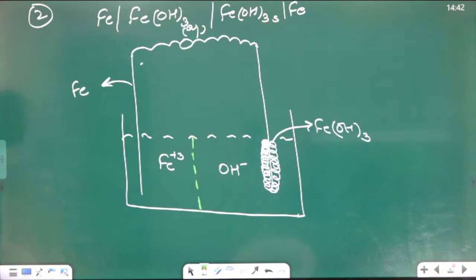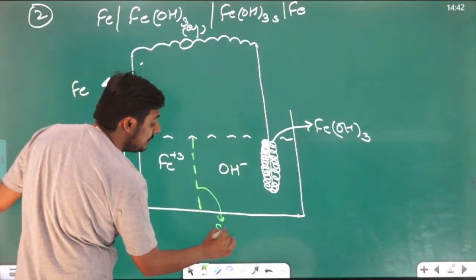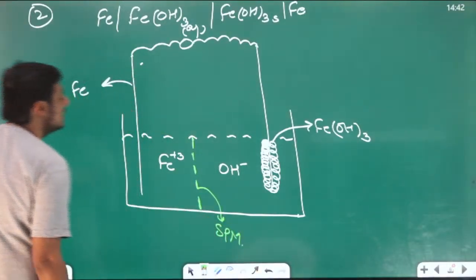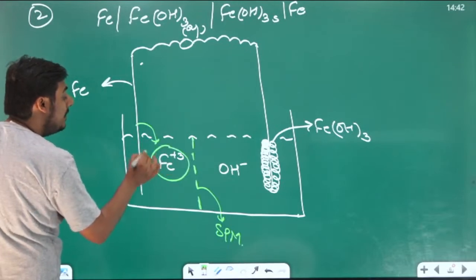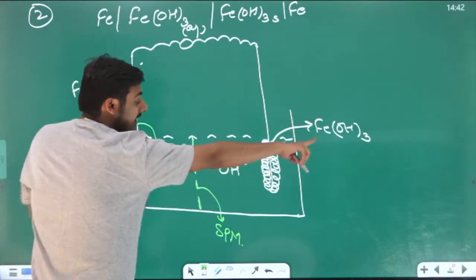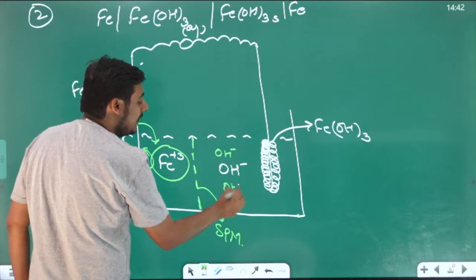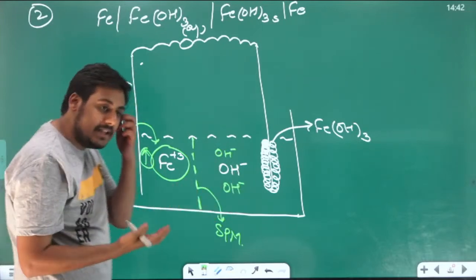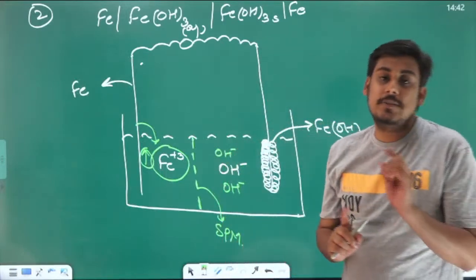And if there is a presence of a semi-permeable membrane, a presence of SPM, this generally means that when oxidation takes place, Fe3+ ions will be formed on this side, whereas when reduction takes place here, there will be formation of OH negative ions. If you don't know how ions are formed in a metal-insoluble salt and ion electrode, please go and watch the previous video.